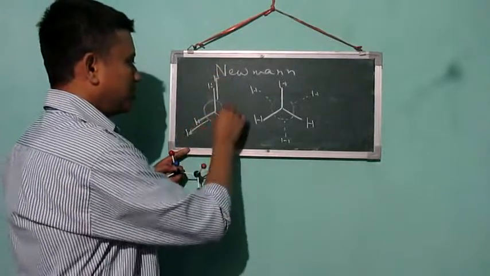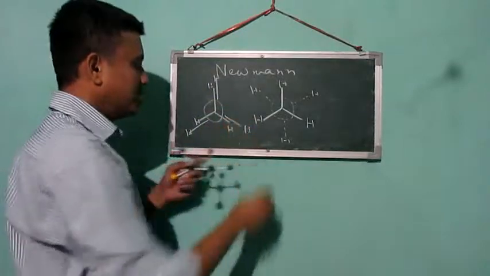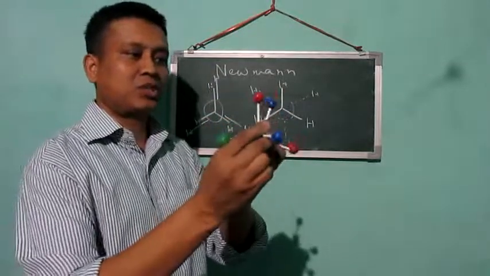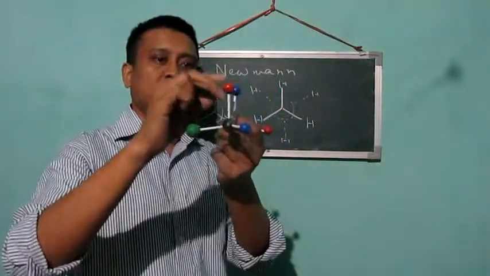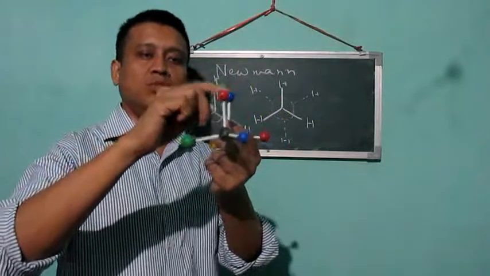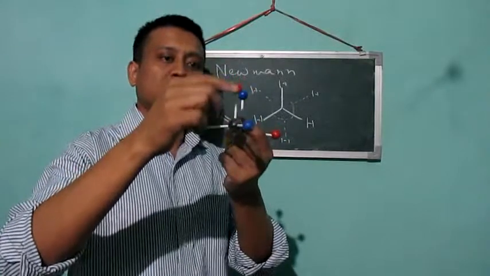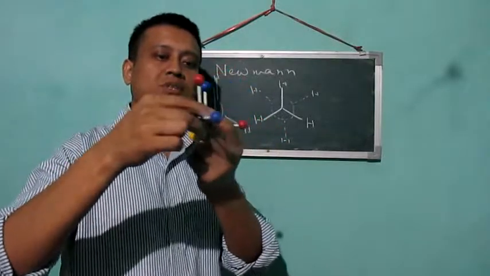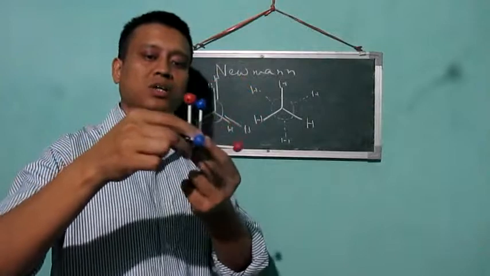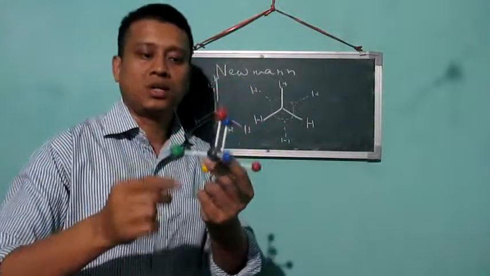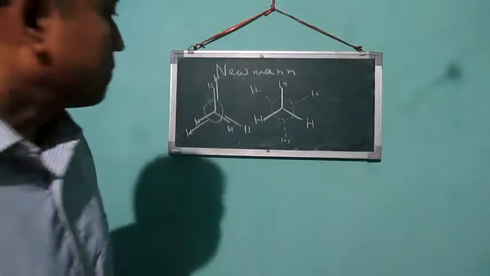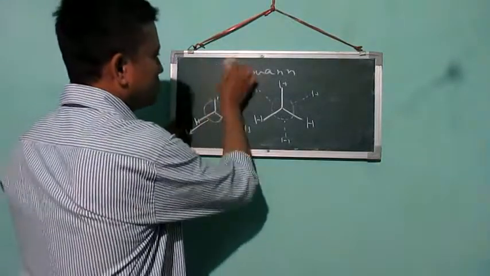So then it will be called an eclipsed structure. Suppose this red ball is just above this blue ball, so you cannot see the blue ball if you observe only the red ball. So this structure is called eclipsed. Similarly, this one is eclipsed with this one, and this one is eclipsed with this one. Next structure is Newman projection.